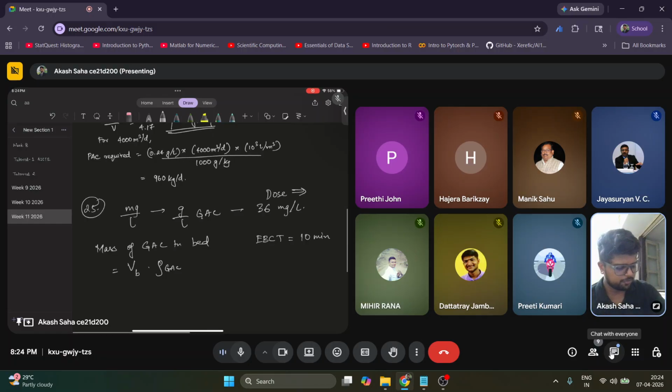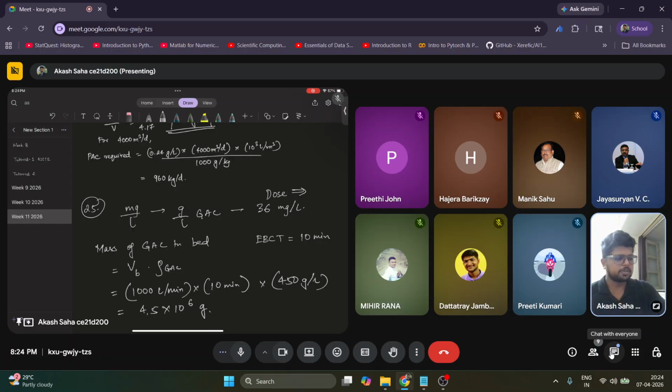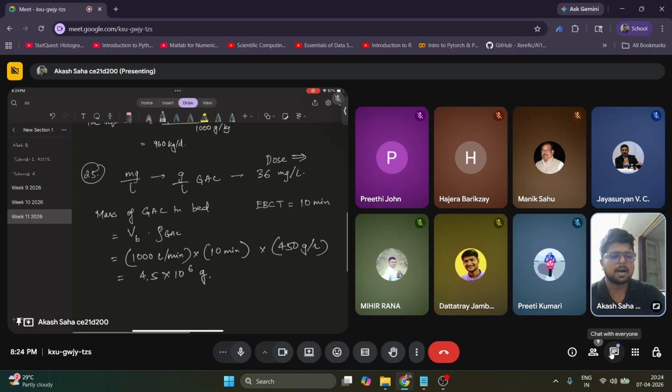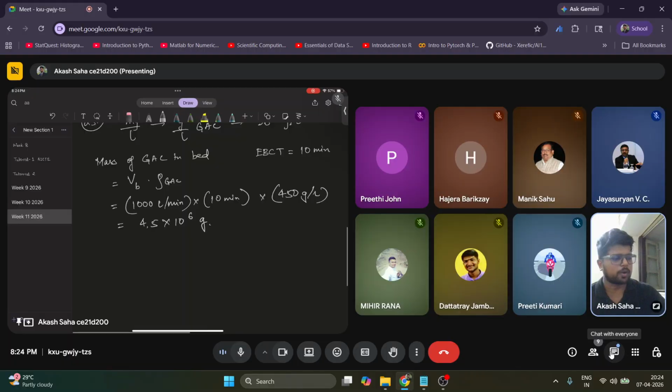So we have to find that out. The volume of bed: we know that the flow rate is 1000 liter per minute, times the time, which is the EBCT of 10 minutes, times the density. That is 450 gram per liter, which is given in the question. So we'll get something like 4.536 x 10^6 gram.